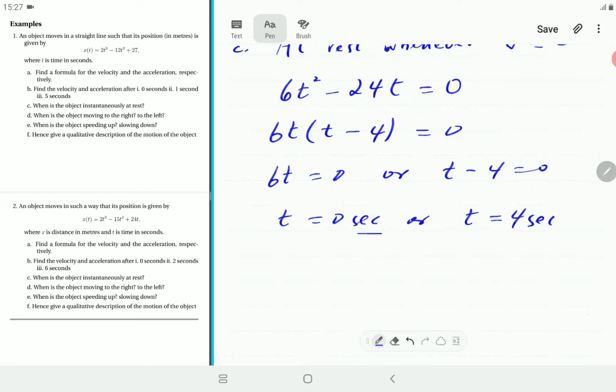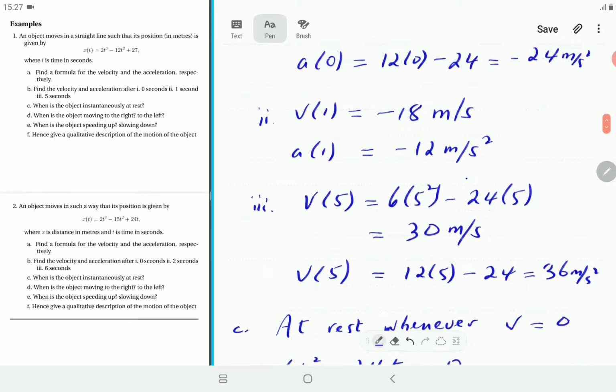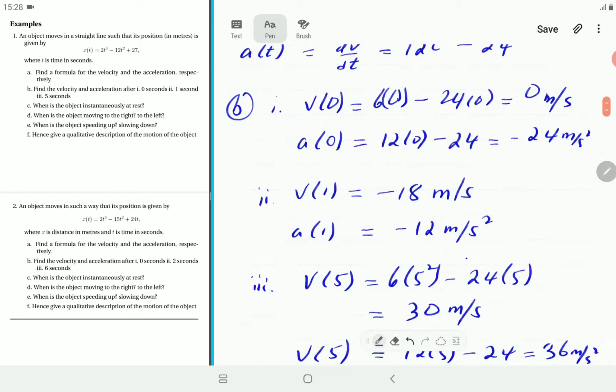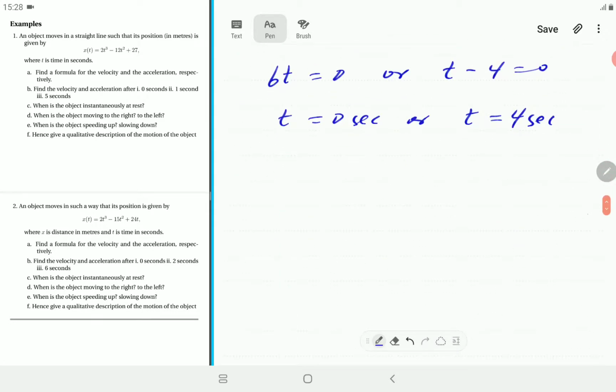This first one, we were already sort of aware of, because we've already seen that at 0 seconds the velocity is 0. This is where we said this particle starts off from rest. And then this calculation is telling us that at 4 seconds again the particle is going to be at rest instantaneously.